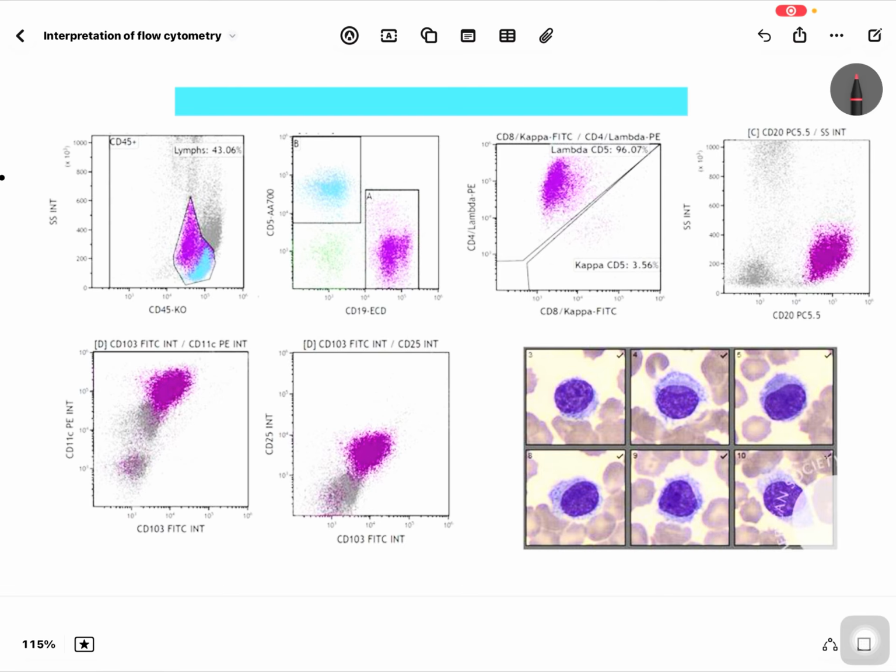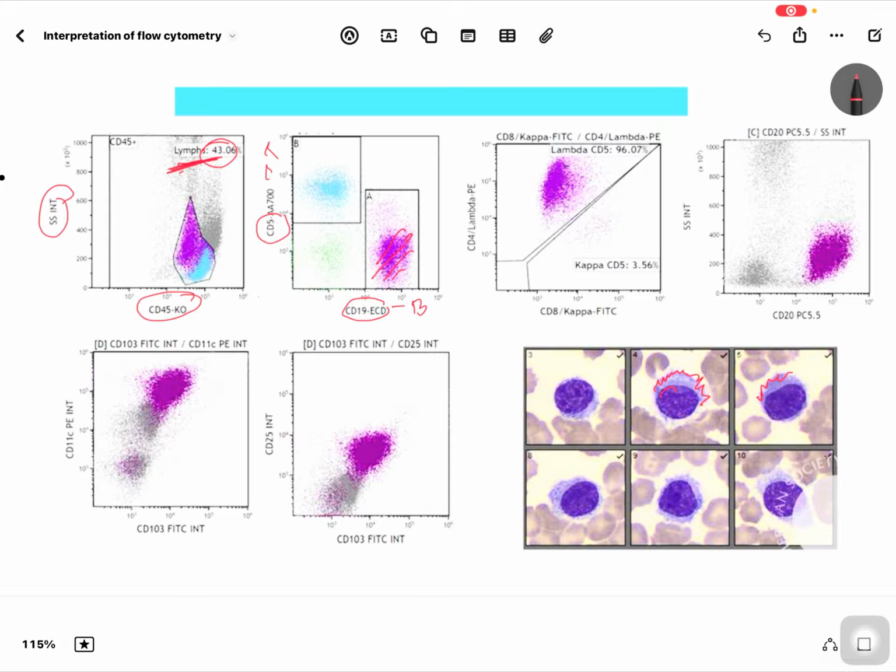Here you have a peripheral image where you are seeing a cell which has hair-like projections. Let's see if we are thinking of the same diagnosis. This is side scatter, this is CD45. This tells you about the lymphocytes, which are 43 percent. Then CD5 and CD19: CD5 is a T cell marker, CD19 is a B cell marker.